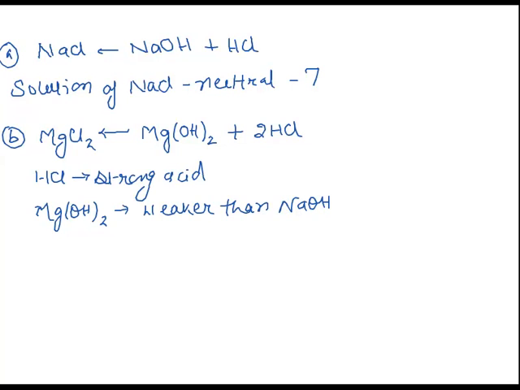So the solution of MgCl2 would be slightly acidic, depending on the concentration. Right? So the pH can be approximately 6. Because Mg(OH)2 is also a strong base, but it's weaker than NaOH. Okay? Or its basic strength is weaker than the acidic strength of HCl. Am I clear?